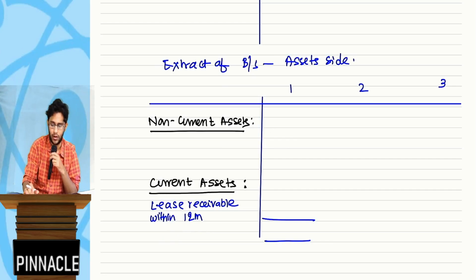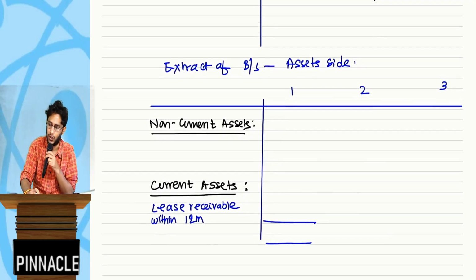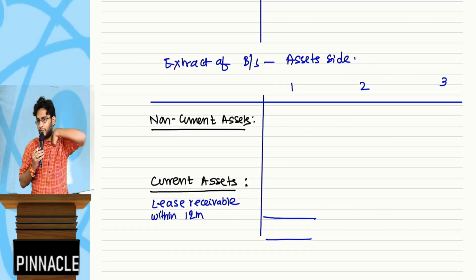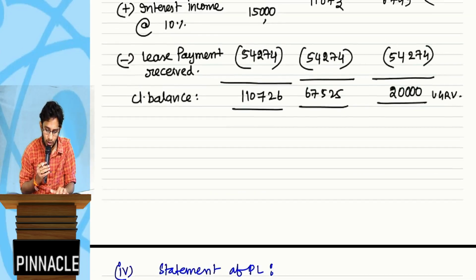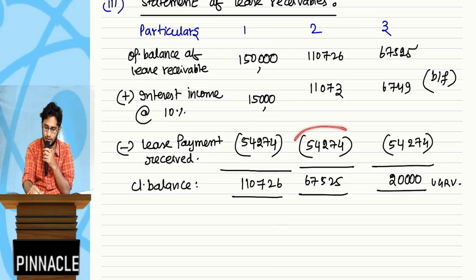How will we know the lease receivable within the next 12 months? You already prepared a table. Our table's first year closing balance is 110,726. Of this, how much are you going to collect within the next 12 months? But in this, interest is also there. So how much principal amount will come within the next 12 months? That alone you have to record.